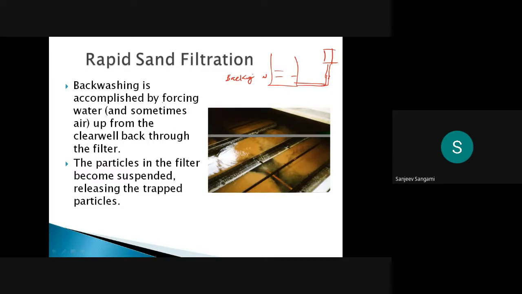Backwashing is accomplished by forcing the water or sometimes air, very important, forcing the water or the air. Sometimes you blow the air, or sometimes you allow the water to flow from the bottom to clear the sand filters. What will happen is that once you send it from the bottom, there is a slight rise.